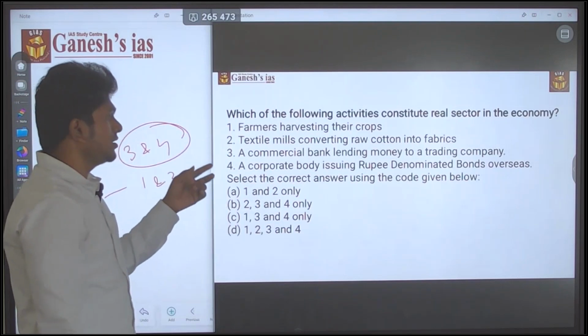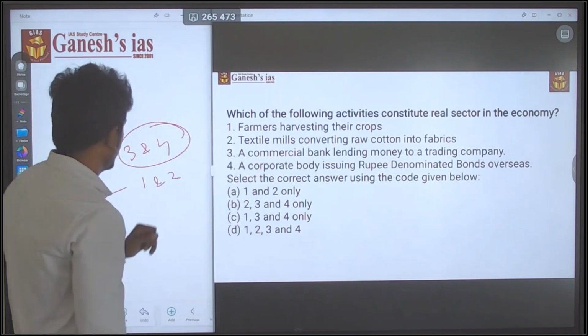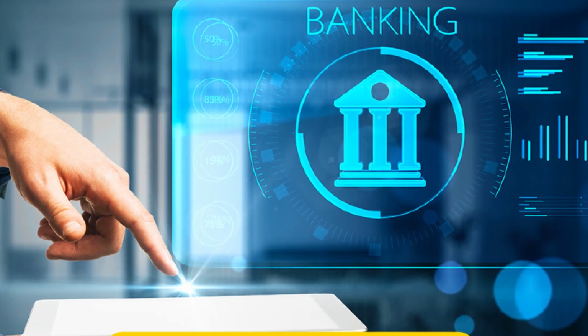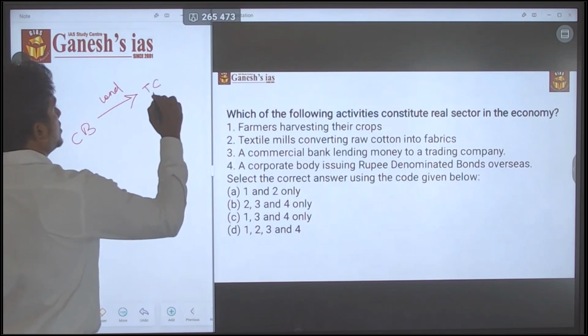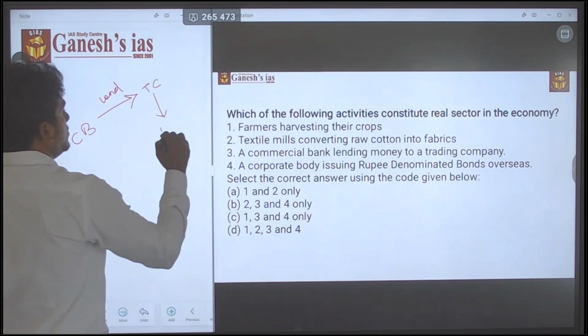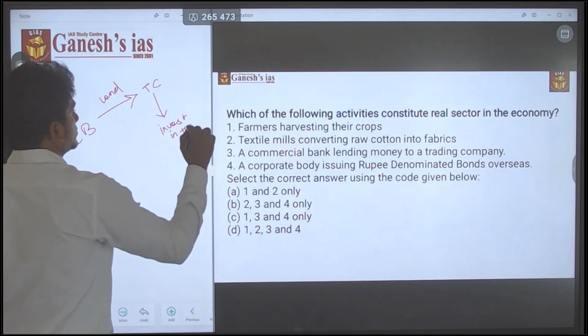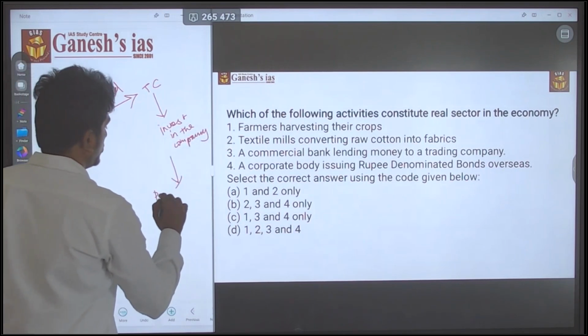Consider the third statement: commercial bank lending money to a trading company. So the commercial bank lends the money to the trading company. The trading company will invest in the company. That company has to produce the goods.